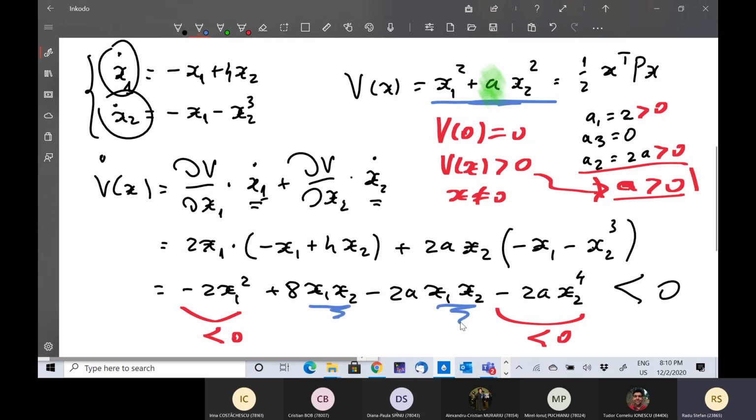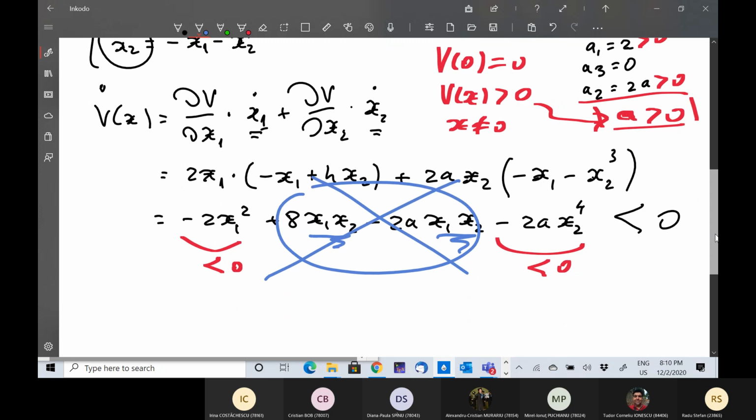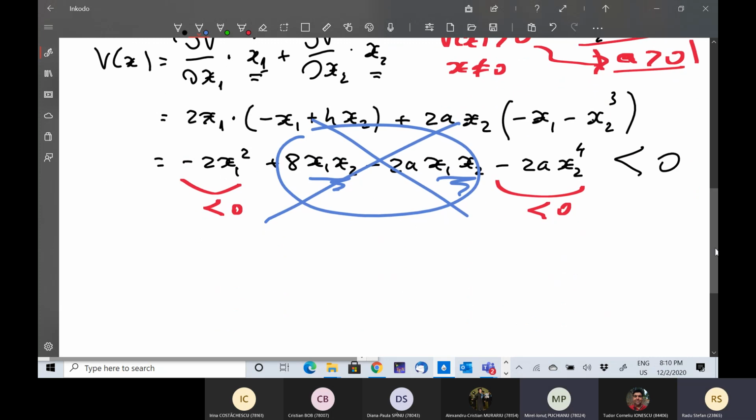Indefinite sign. What applies for me now is what we have learned last time. We have to get rid of this, and our leverage is a. So what do we have to do to get rid of these ones? How much should a be? In order to get rid of these ones, a should be 4. Perfect.